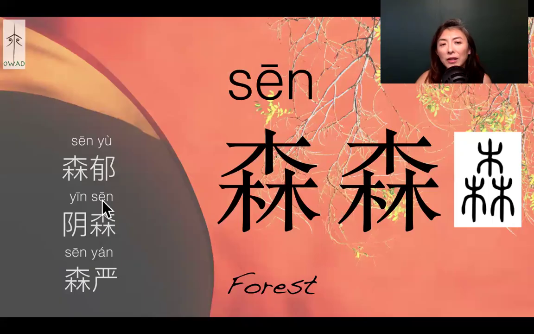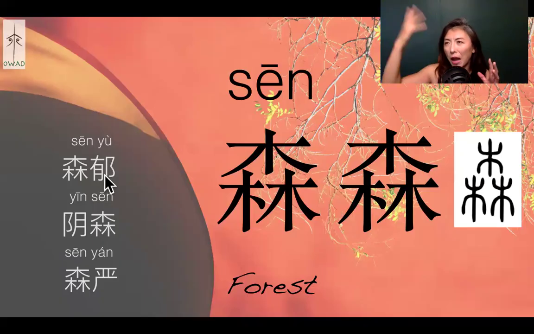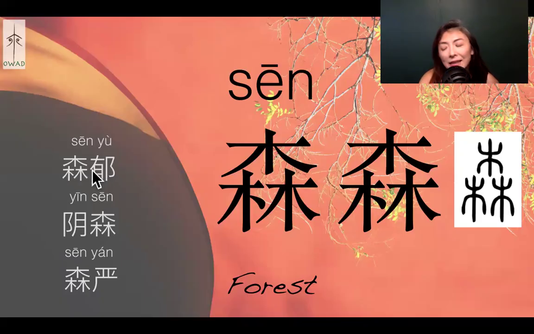Together, this yu means you have something in abundance, richly have it. So regard this have component on the left, and the right side is vertically stacking up as a multiplier of that have concept. So have something a lot, that abundance, paired with sen yu.